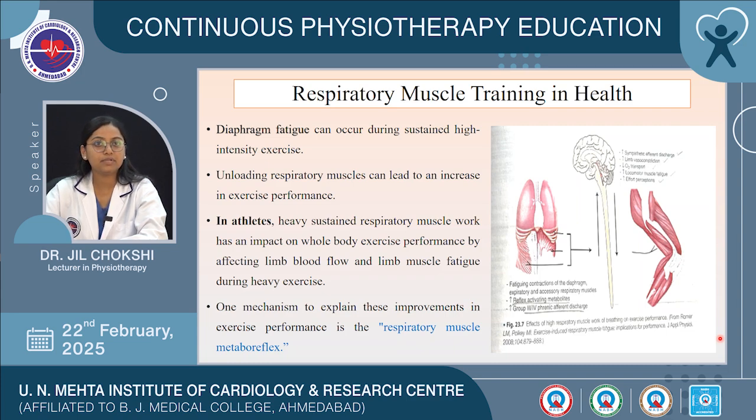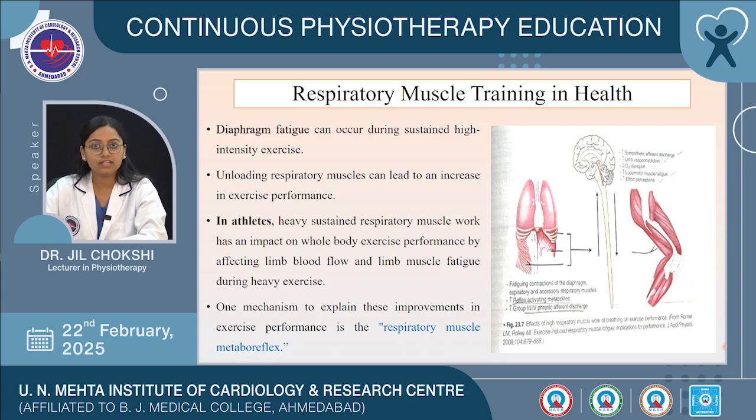So the mechanism behind this improvement is the respiratory muscle metabolic reflex. The respiratory muscle metabolic reflex is the mechanism to control the blood flow of the respiratory muscles during exercise and at rest.